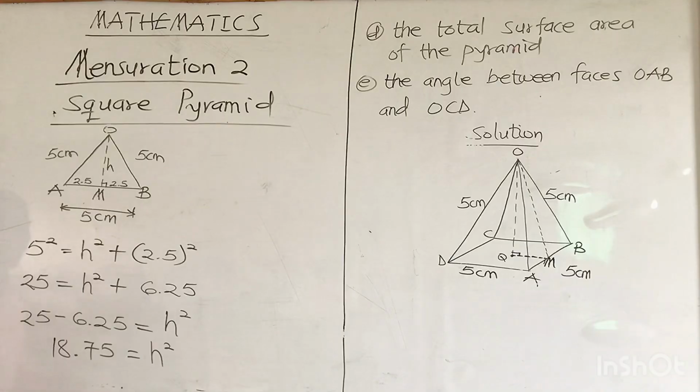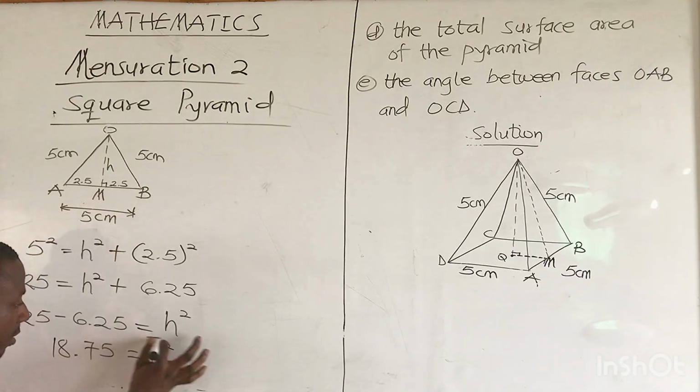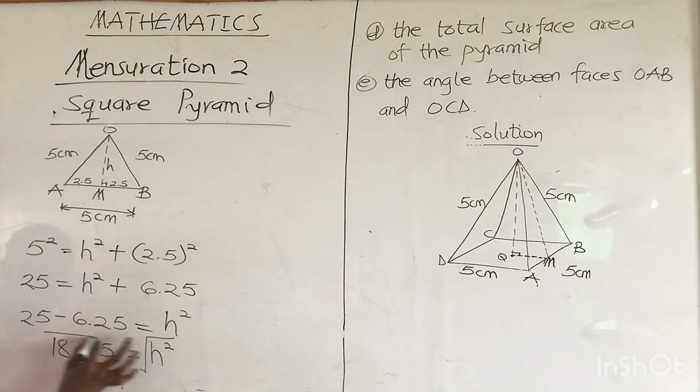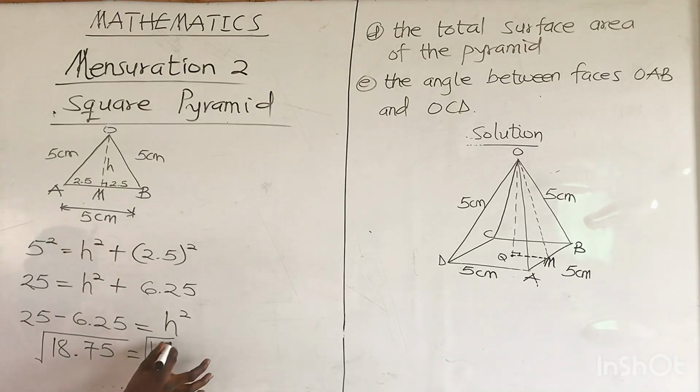Now I am going to take the square root on both sides. So root of this and root of this. The squared here will cancel the radical sign. So I am going to get the height.